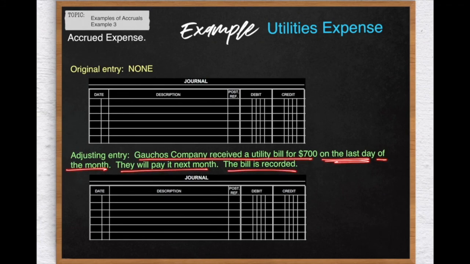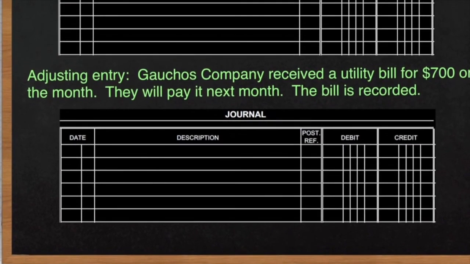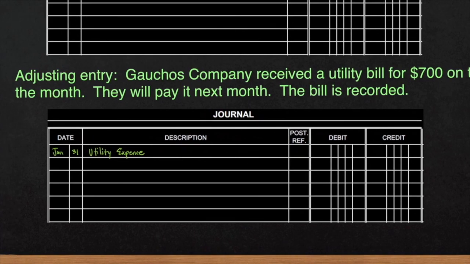Here's our example. Gaucho's company received a utility bill for $700 on the last day of the month. They will pay it next month, and the bill is recorded. Just because the company's paying it next month doesn't mean that they should record the expense next month. Because it belongs to January, you have to record the expense in January. And that's why the adjusting entry is required. So on January 31st, you want to debit utility expense for $700.